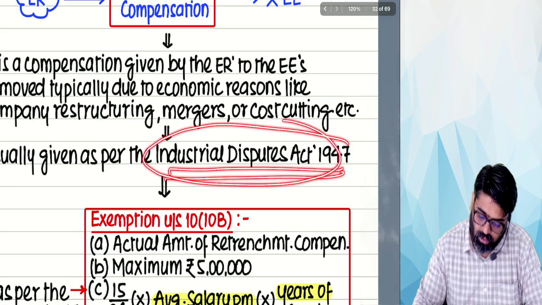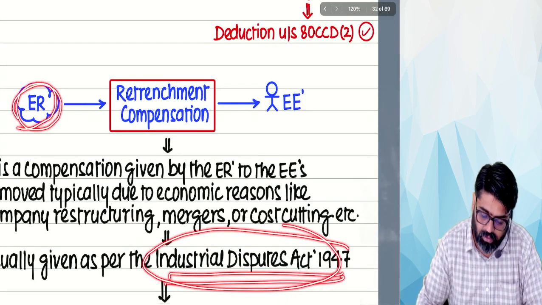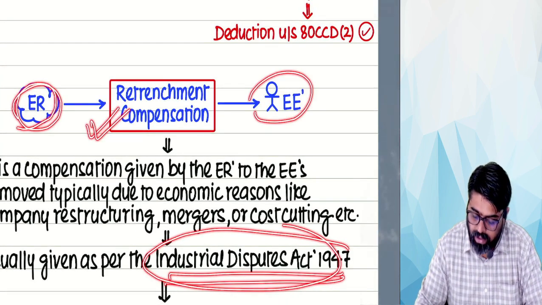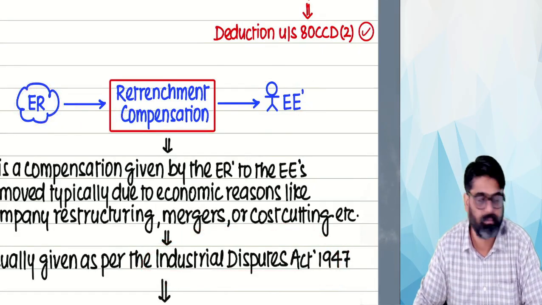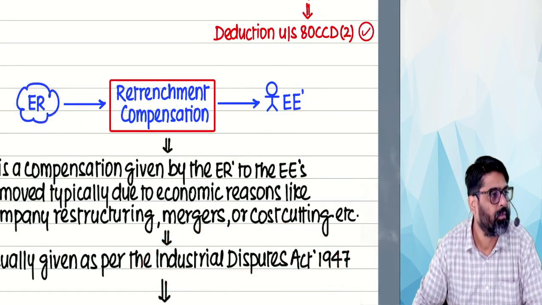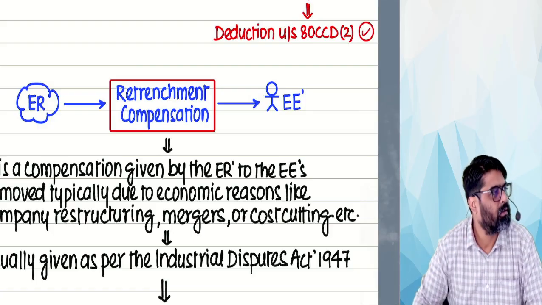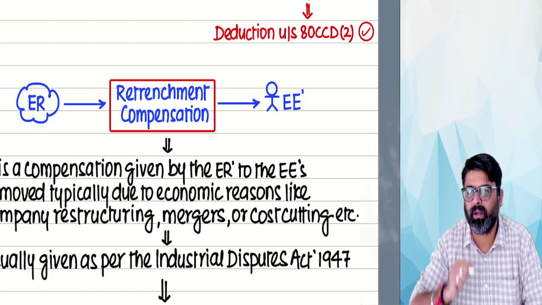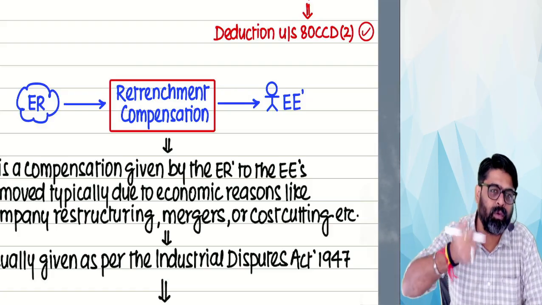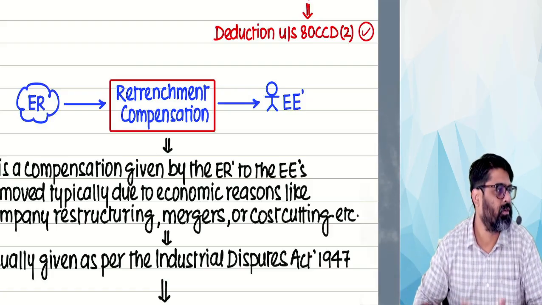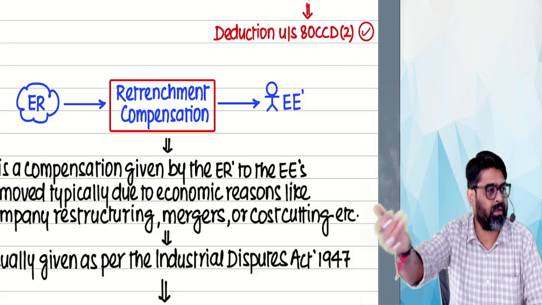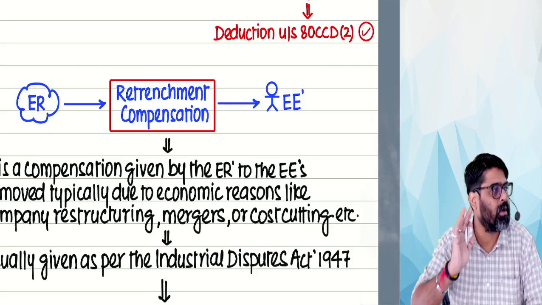As per this law, no, the employer has to give compensation to the employees who are retrenched. Why? Because they were dependent on you, the employer. They were earning their bread and butter. They were earning their income from you. And now all of a sudden, before their retirement age, you will tell them tata bye bye.